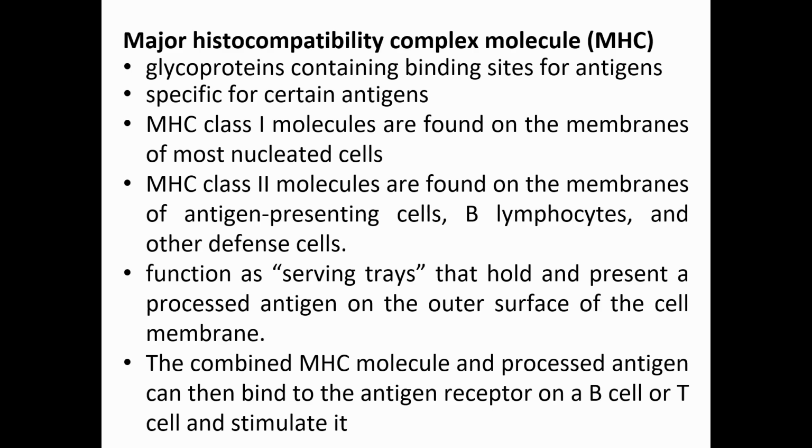Their main function is to serve the antigen that they hold and present it to your helper T cell or the other immune cells. So your MHC actually combines with the antigen. When it is processed, it will be brought out to the surface of the cell, wherein it can now be presented to other cells.